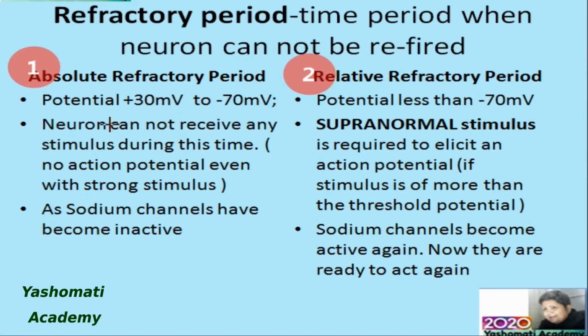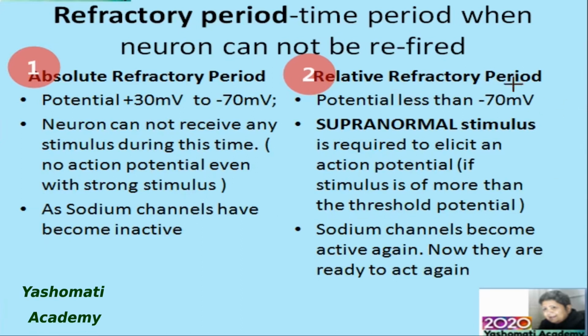This is the time period when the neuron cannot receive any stimulus, because no action potential, even from a strong stimulus, can open the already open sodium channels. In this case, the sodium channels are inactive.